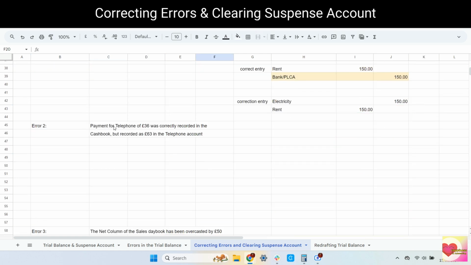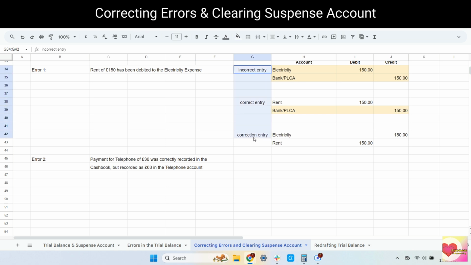Payment for telephone of 36 was correctly recorded in the cash book, but recorded as 63 in the telephone account. This is an example of transposition error wherein the digits are mixed up or interchanged. Let's follow the same steps. First, let's identify the incorrect entry.